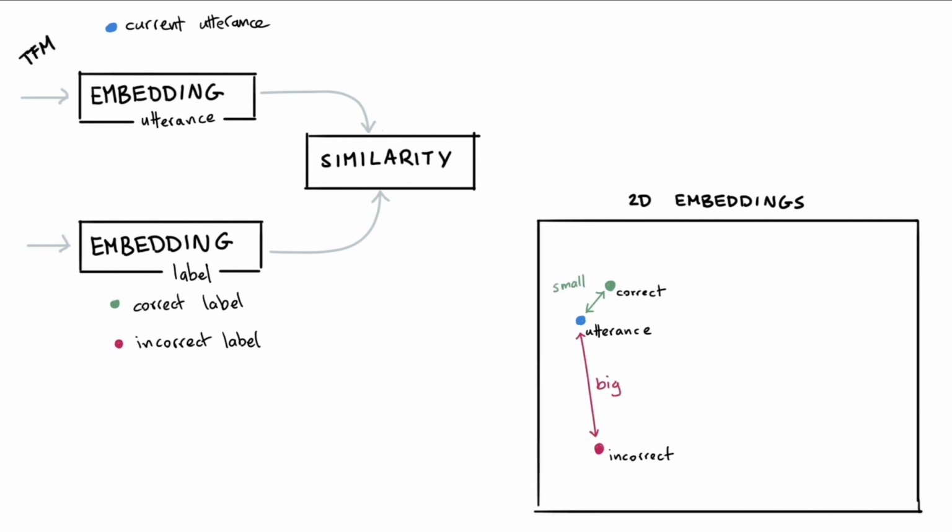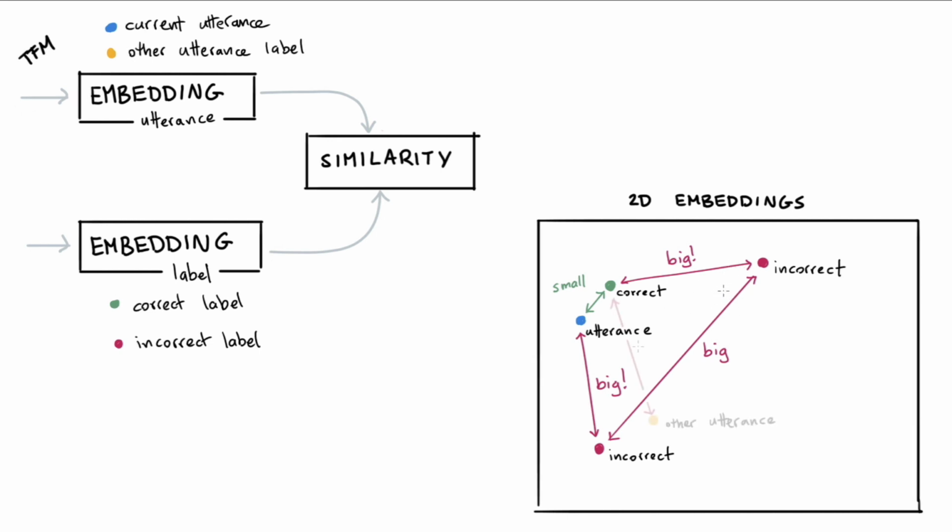And now that I'm thinking about this, I hope you also agree that we would really like the distance from the correct intent to an incorrect intent to also be big. And now that I'm thinking further, I think you would want to have the distance between all embedding labels to be big. And we can also imagine that if we have an utterance that doesn't belong to the current label, that we would also like that distance to be big.